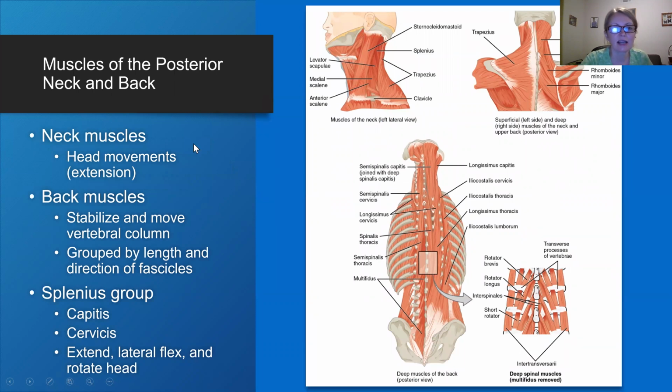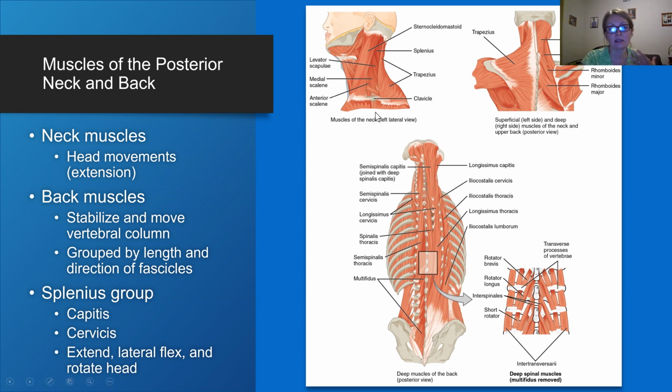Muscles of the posterior neck and back. Now, not only the neck, but we're including the back over here. So neck muscles like splenius capitis over here, and we didn't look at others yet. They're involved in head movement. So pretty much to move the head, the insertion needs to be on the skull, right? That's some bone on the skull, be it the occipital bone or the mastoid process of the temporal bone.